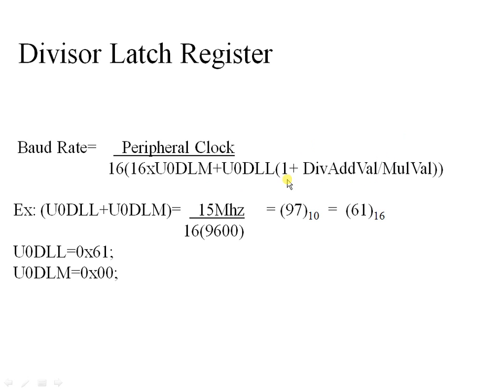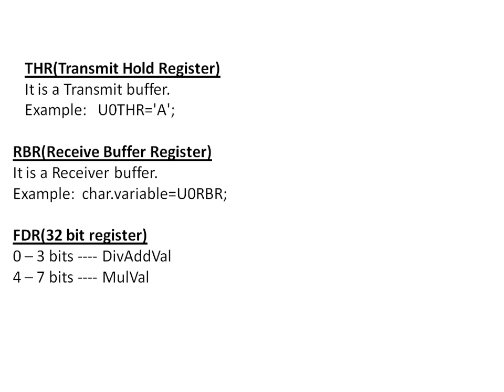Now calculate the value, and you'll get a baud rate more than 9600. What is happening here is we are eliminating the fractional part of the decimal, so that's the reason you'll get more than 9600. If you want to use an accurate 9600 baud rate, then you have to program these two fields with some sufficient values. Then you'll get the accurate baud rate.